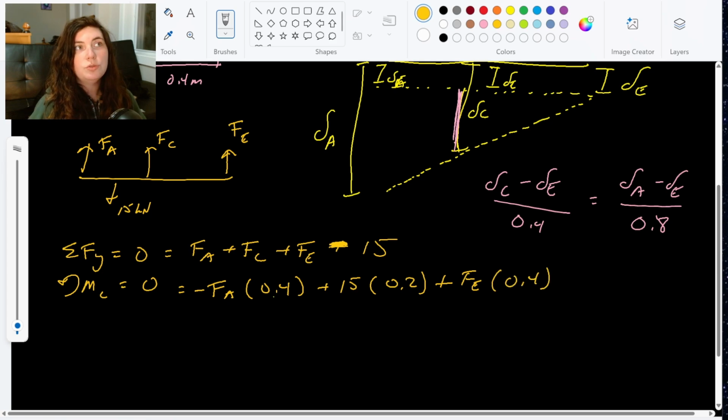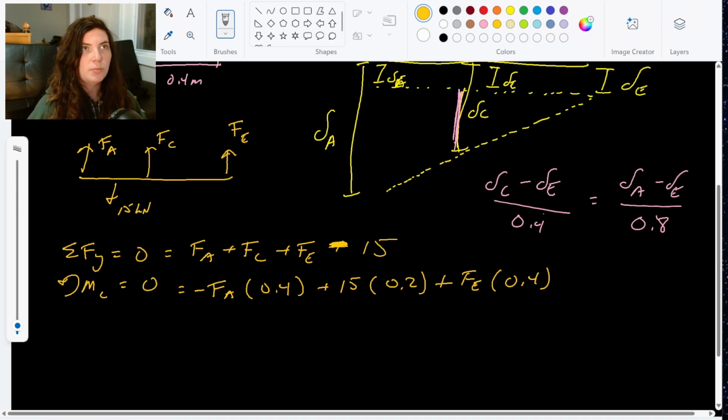So I have two relationships here, and I need a third equation to solve for my third unknown, which we can get from that displacement equation that we found, using this triangular setup of how the displacement would actually go. Using this, I can substitute in my load equations.